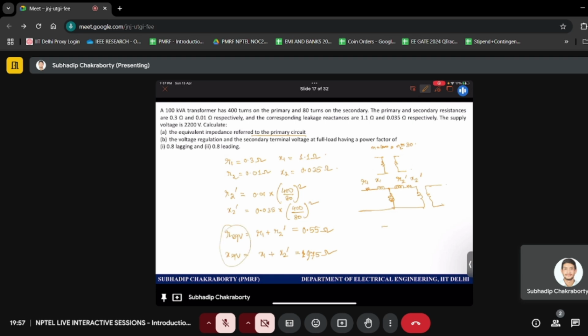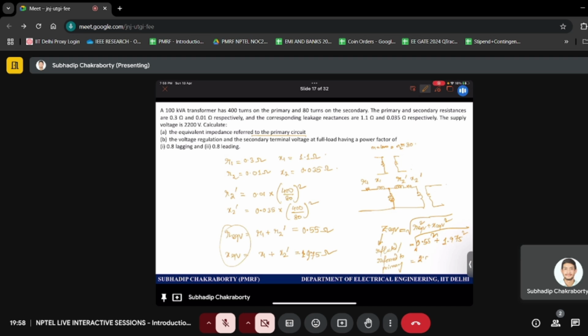So using R equivalent and X equivalent, you calculate Z equivalent referred to primary as square root over R equivalent square plus X equivalent square, and you get it as square root of 0.55 square plus 1.975 square.